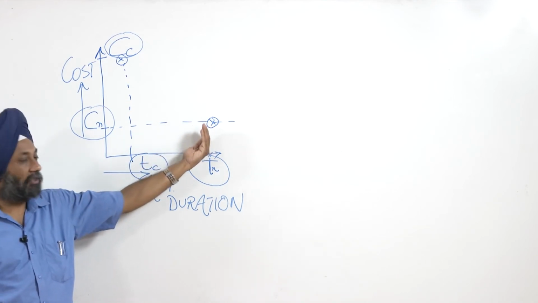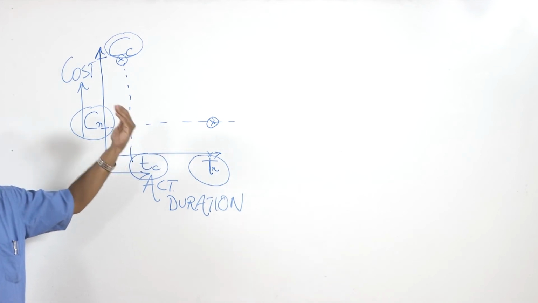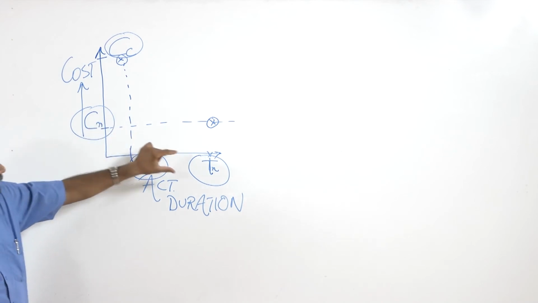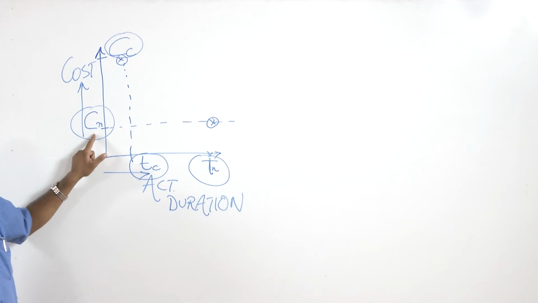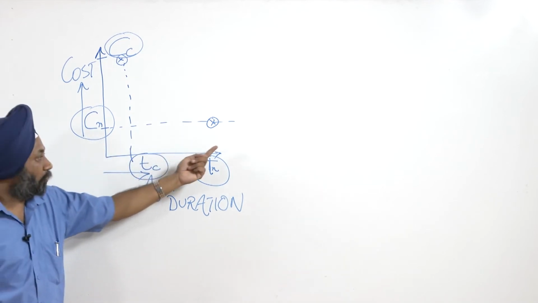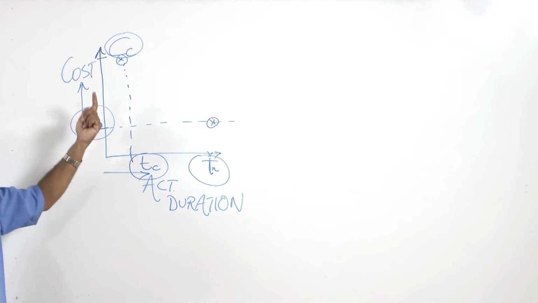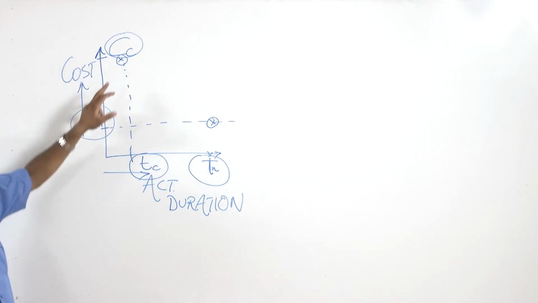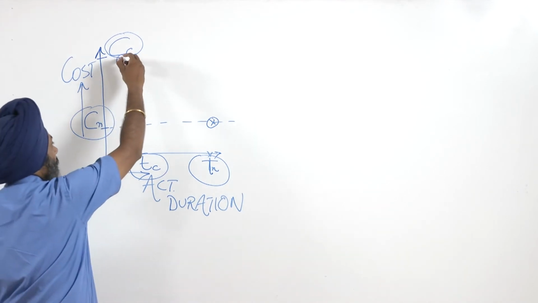You can reduce the normal duration by 2 days, but you have to spend more money. You could have completed within 4 days at the normal cost, but now you are trying to do it in 2 days at an additional cost, that is the difference between CC and CN. So your direct cost graph comes like this.